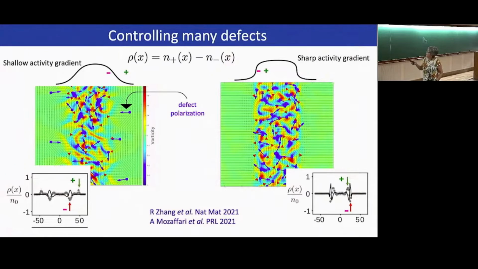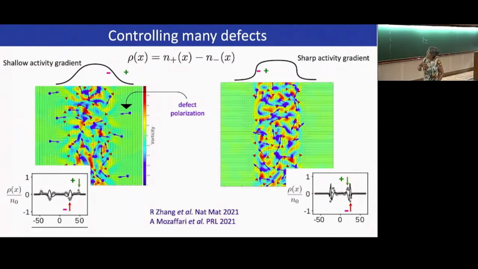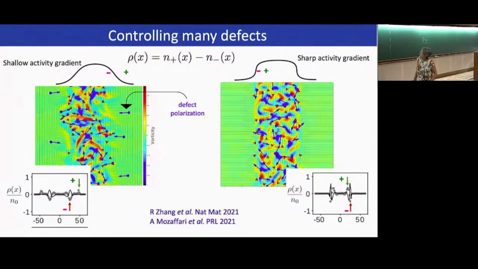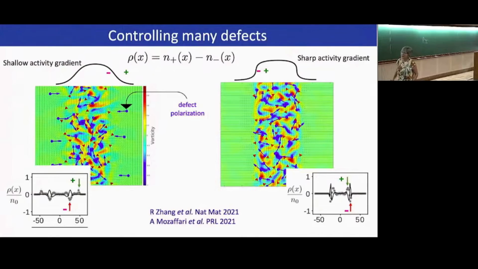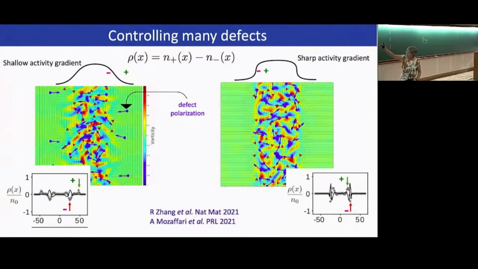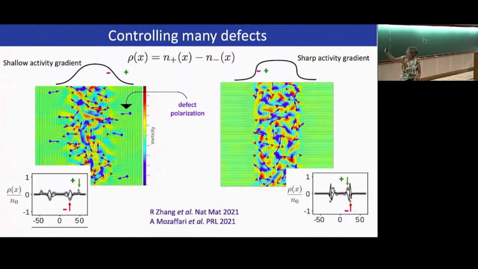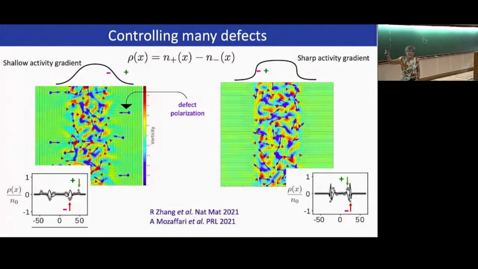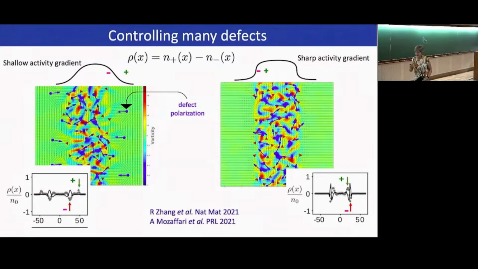Now, if there is a shallow activity gradient, what you find is that the plus 1f defect can actually escape from the active region and eventually enters the passive region. Of course, it loses its motility and it stops. These blue arrows don't indicate the defect velocity, they indicate the defect polarization that points against the tail of the defect.